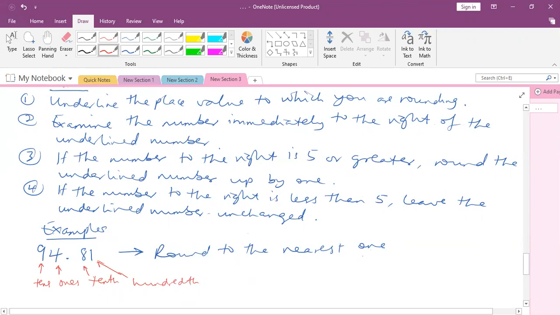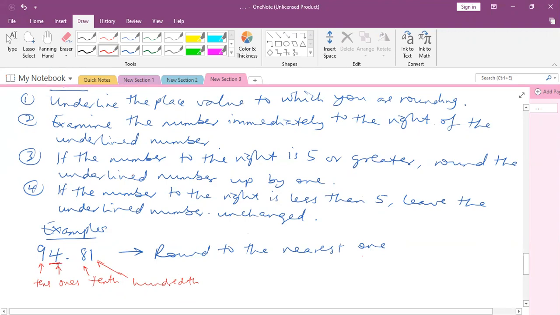TH is added at the end because those are the place values after the decimal point. Since I want to round to the nearest ones, I'm looking at this number here.